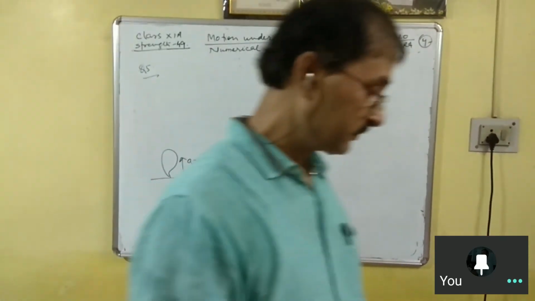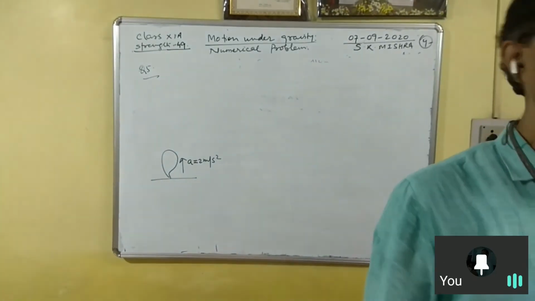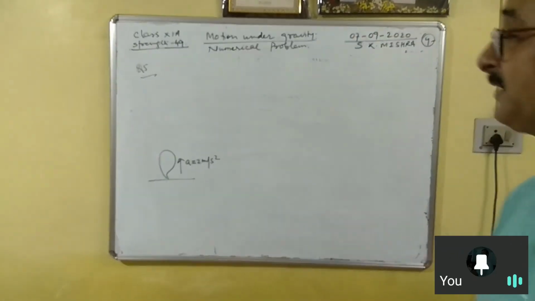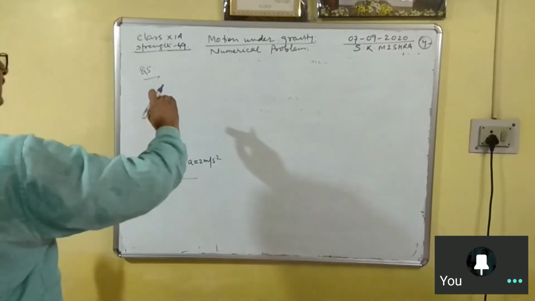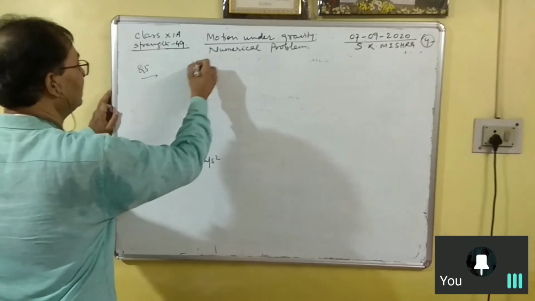Can you tell me what is the velocity of the balloon after 5 seconds? When you release the balloon from rest, then after 5 seconds, what will be its velocity?